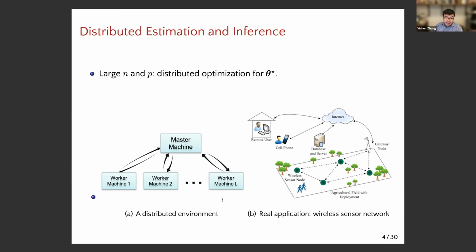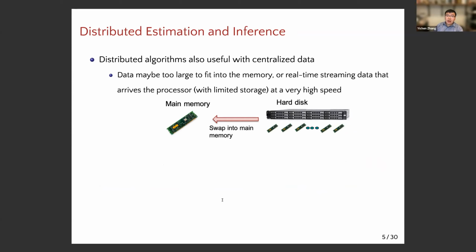I also like to mention that distributed algorithms are useful not only in the distributed settings where the data are separated. A distributed algorithm is also useful when we have centralized data, but sometimes the data could be too large to fit into the memory. As we know, the data is stored on a hard disk, which could be hundreds of gigabytes, or even terabytes, or even petabytes.